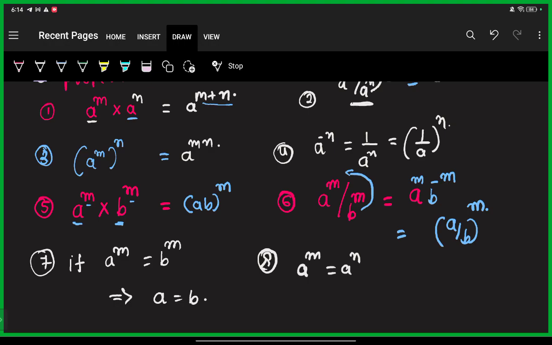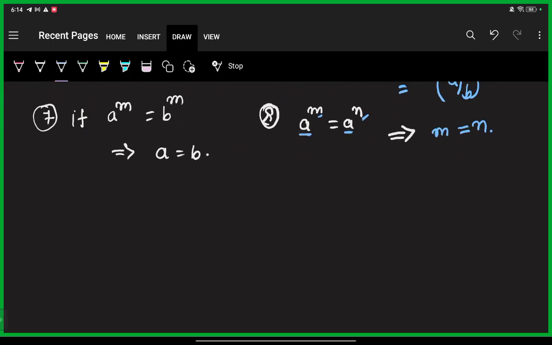Let's say this condition is given. That means what? Here the bases are same, but the exponents are different, right? So since the bases are same, we can say that m is equal to n. Understood? That means exponents are also equal. Powers are also equal. Are you getting my point? सर, पावर्स कैसे सेम हो जाएंगे? यहाँ पे बेसिस सेम है ना, that's why. बेसिस यहाँ पे सेम है, हाँ ओके राइट सर. That's why.